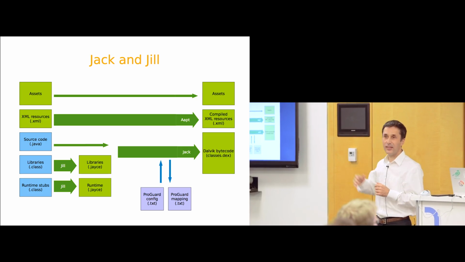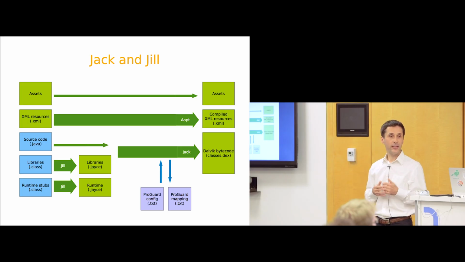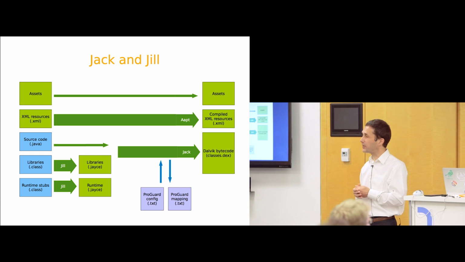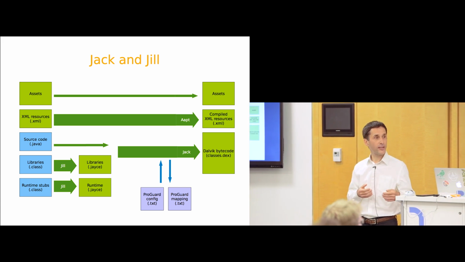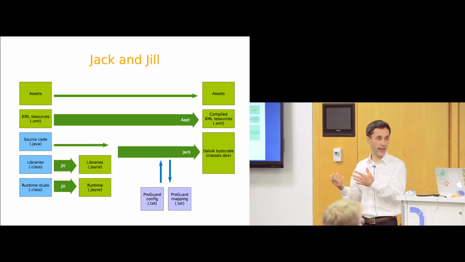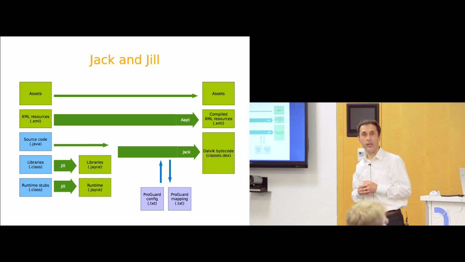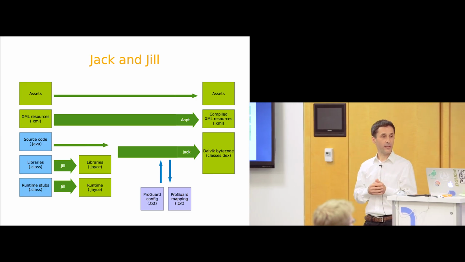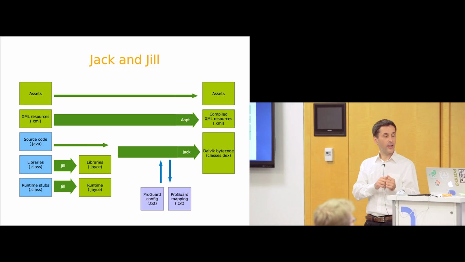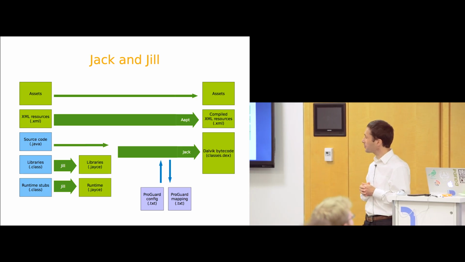Except that there is one little glitch there. The Jack compiler doesn't understand the compiled Java bytecode that you have in any external libraries. So if you have jars or AAR files, they still contain Java bytecode, and Jack doesn't understand that code. So for that, they have come up with a solution where they have a JIL compiler, which takes the Java bytecode and compiles it to a new intermediary representation called the JACK format.